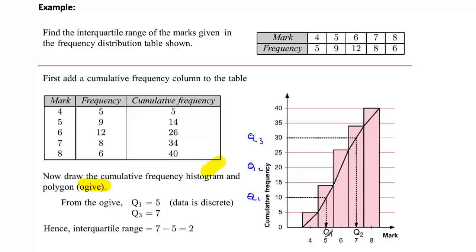So the first quartile is 5, the third quartile is 7, and when I subtract these, I get my interquartile range. So you can see from this type of histogram and ogive, it's a very easy thing to calculate.